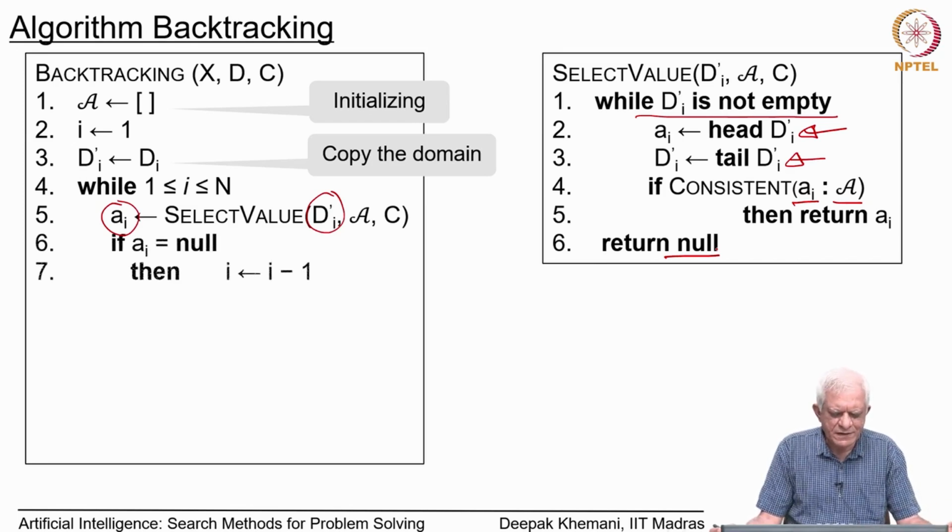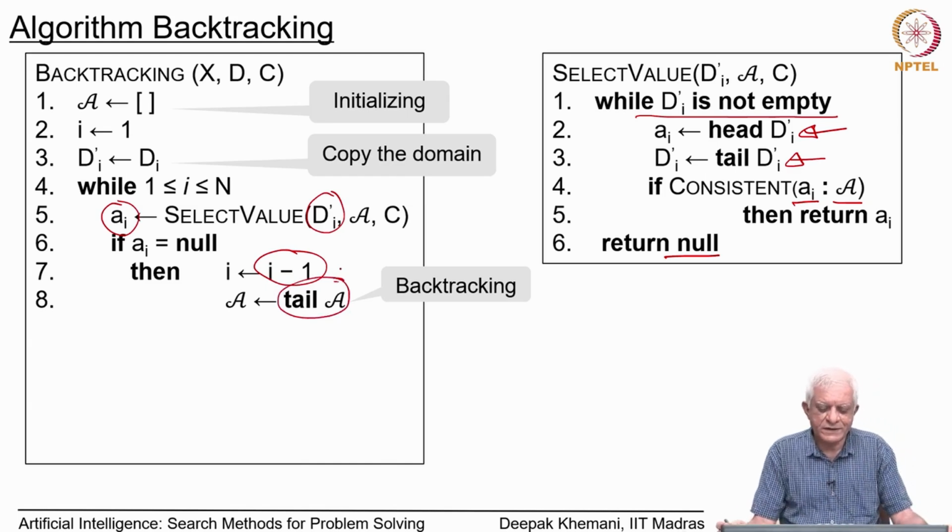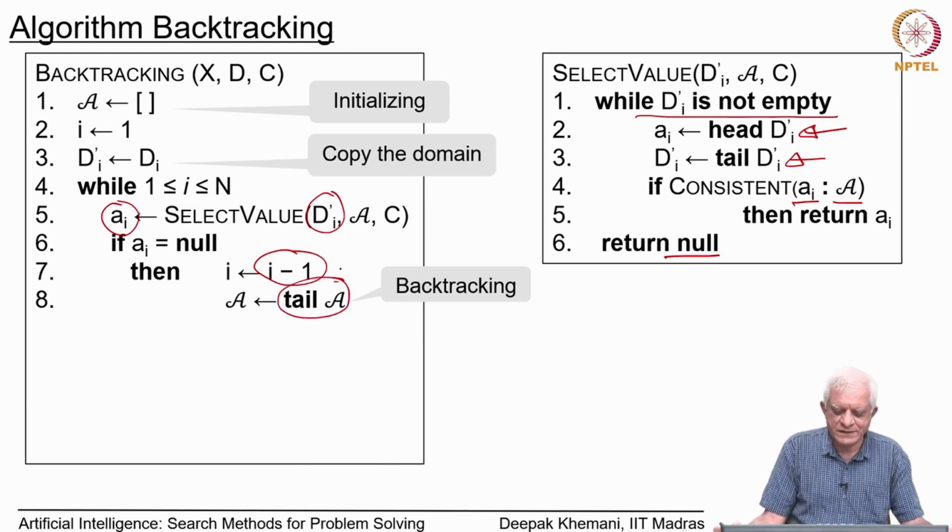If it is null, then it backtracks. It goes back to i minus 1 and removes the last value that we had added to the variable i minus 1, so we will look for a new value for the variable i minus 1. So, this is the backtracking part.